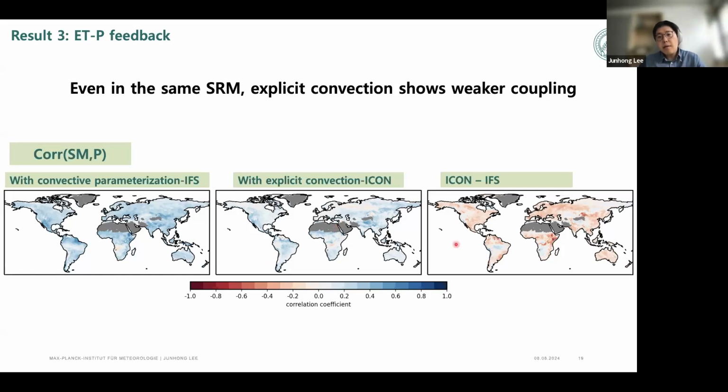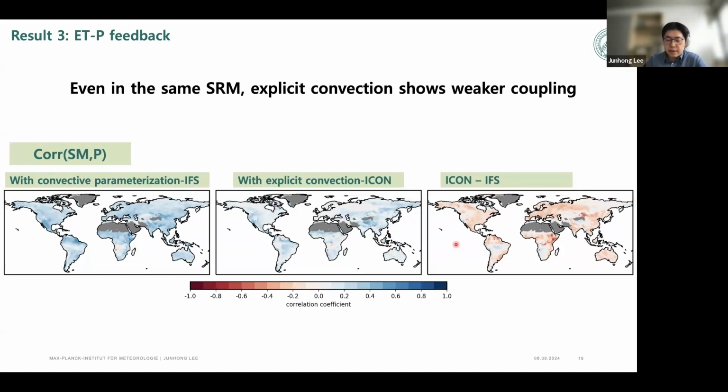And then the difference map is showing very red. So once again, it confirms that the weaker coupling is about explicit convection, and the low resolution run shows a strong positive coupling because of the convective parameterization.